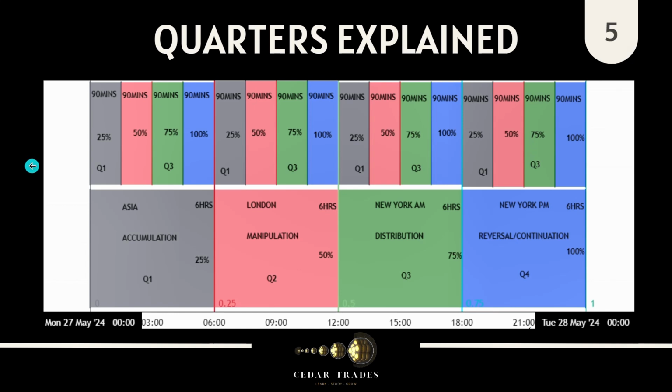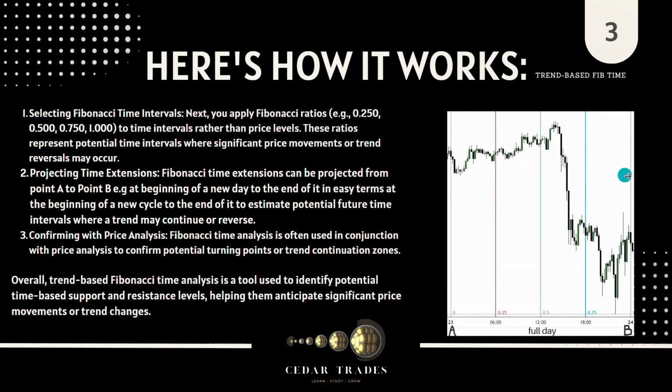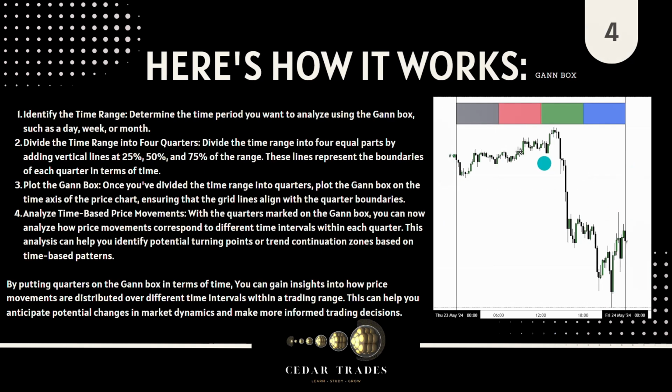And it's just like how you can see it here. Accumulation, it manipulates to the upside, then it starts distributing, and it continues, then it reverses. So all of these things are organized. Accumulation manipulates to the upside, then distributes in the third cycle, fourth cycle continues and reverses, right?